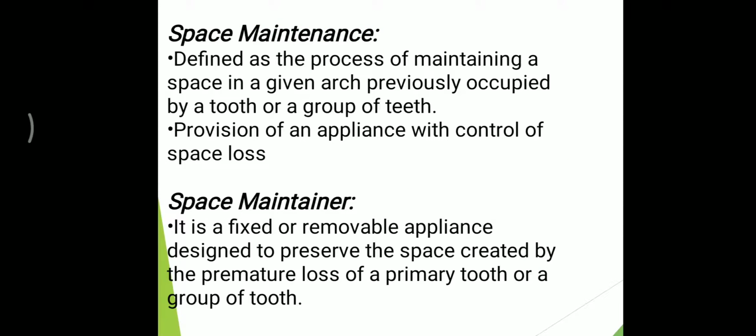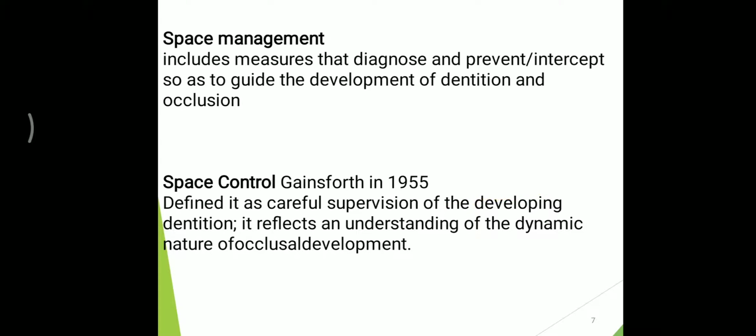Now let's see space maintenance. It is defined as the process of maintaining a space in a given arch previously occupied by a tooth or a group of teeth, with provision of an appliance to control space loss. A space maintainer is a fixed or removable appliance designed to preserve the space created by the premature loss of a primary tooth or a group of teeth.